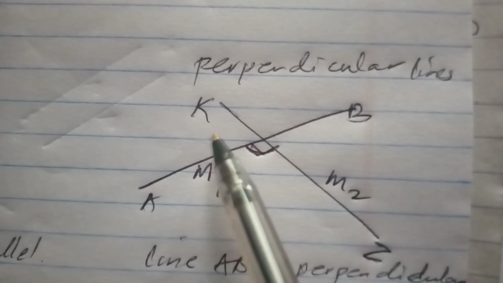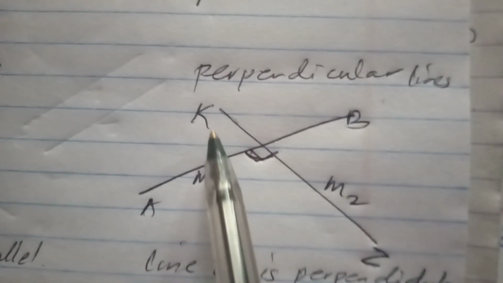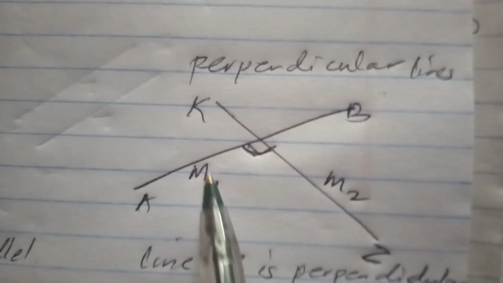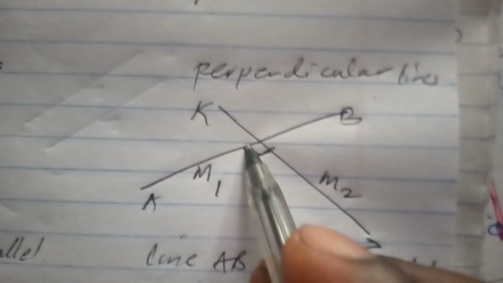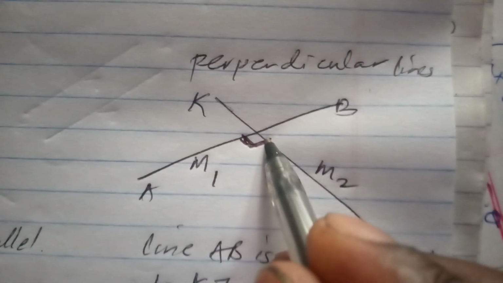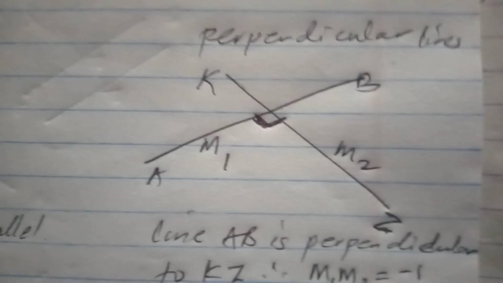Then the second case, that is perpendicular lines. We have line AB with gradient m1 and line KZ with gradient m2, whereby they have this arc of 90 degrees.